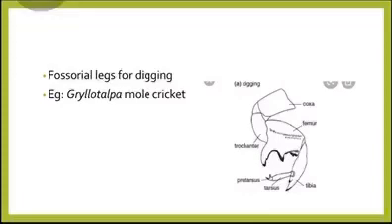Here we see in the forelegs that the femur, tibia and pretarsus together form pointed structures which are close together as if the digits, the fingers of the hand, with the help of which it digs the mud. In fossorial type of legs, you can also see all the segments are very short, thick and strong.